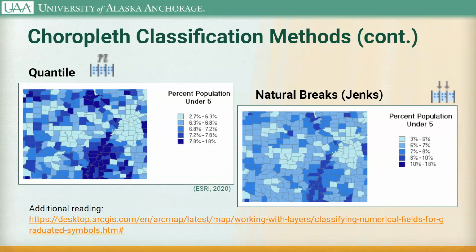So your range in your numbers of percentages may not be the same, like the range from 7.8 to 18% is obviously much wider than the range between 6.8% and 7.2%, but it's trying to make each of those categories equal with each other.